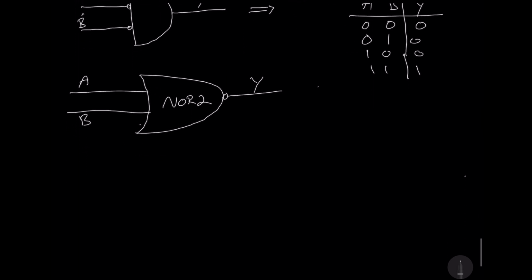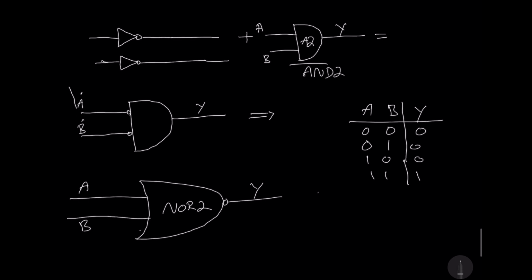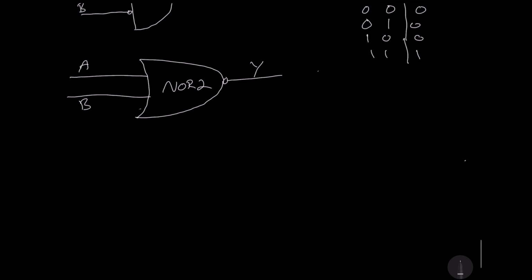So it only came when we added 2 inverters to both of the inputs, and that is our new generated logic gate. It's NOR2. This requires a little bit of Boolean algebra math, just to give you guys a heads up.